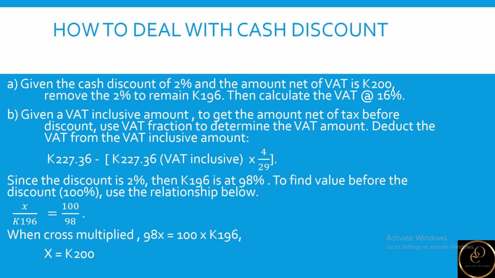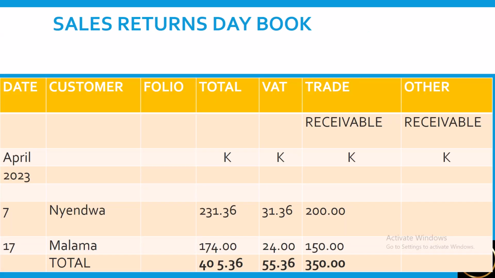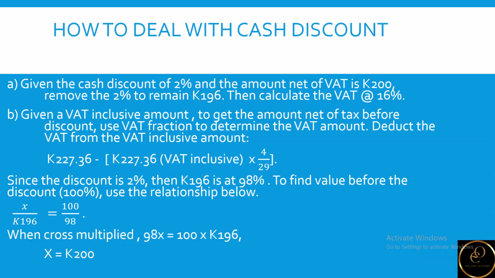You are going to have a figure of 200, and if you add 196, you add 31 kwacha 36 ngwee, you are going to end up with 227 kwacha 36 ngwee.